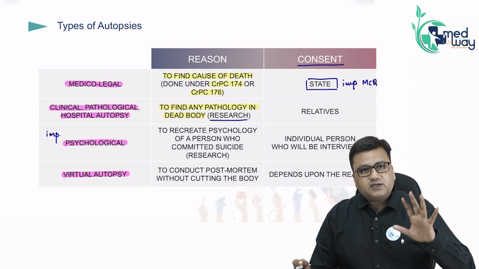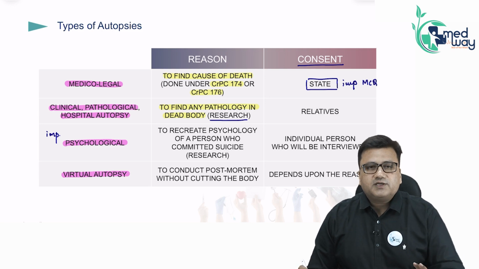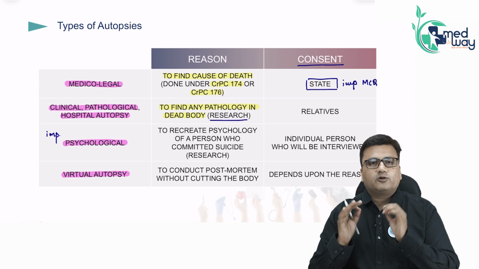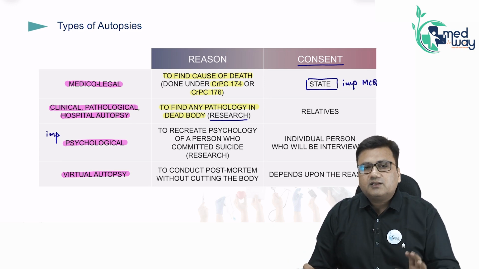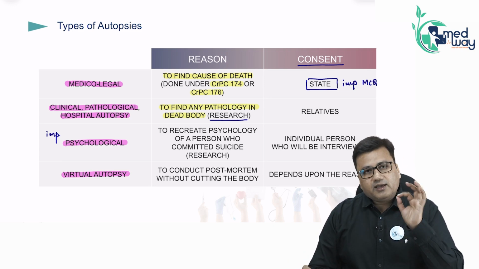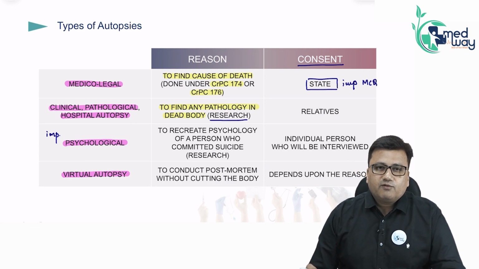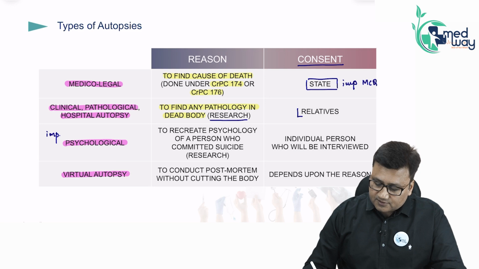On the other hand, if you see the clinical or the pathological autopsy, where a clinician wants to undertake the autopsy to know the pathology in the body, here the clinician has to take the consent from relatives.